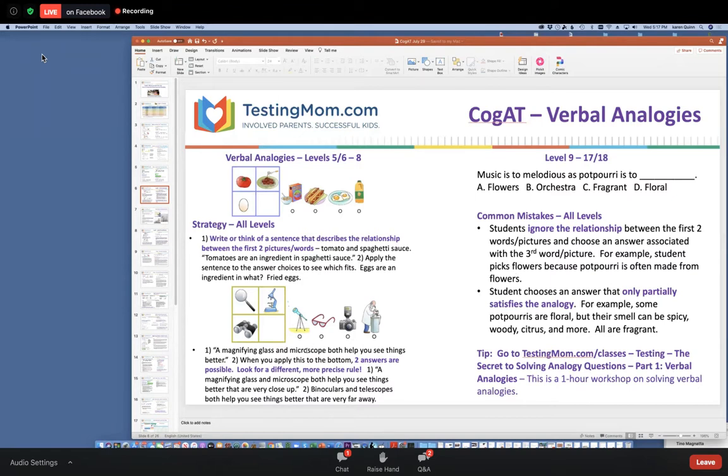So remember, if you come up with a relationship and it doesn't work, go back and try to be a little more specific. Now, some of the most common mistakes that we see on these is that a lot of times students will just ignore the relationship between the first 2 words, and they might just choose something that is related to one of these words and it's not necessarily the right relationship.